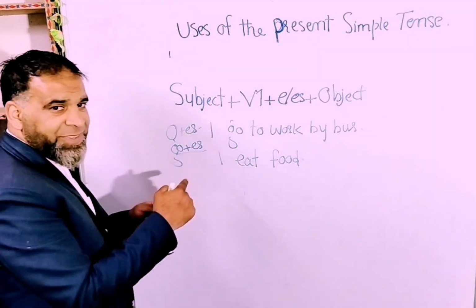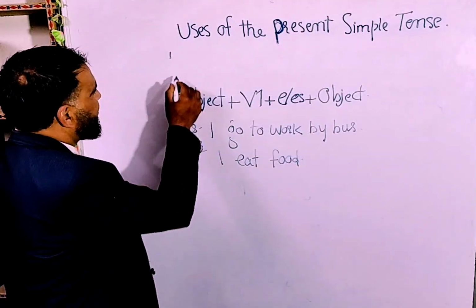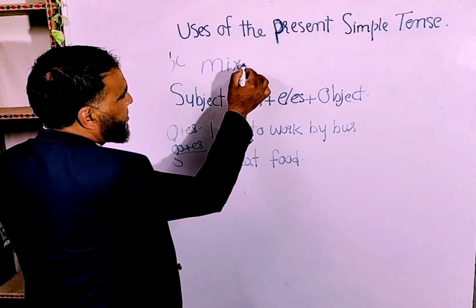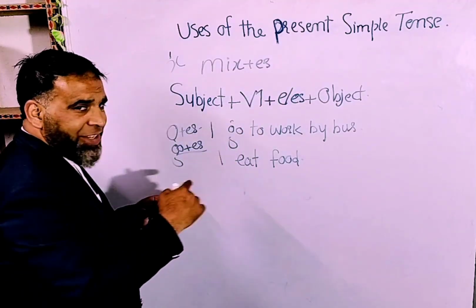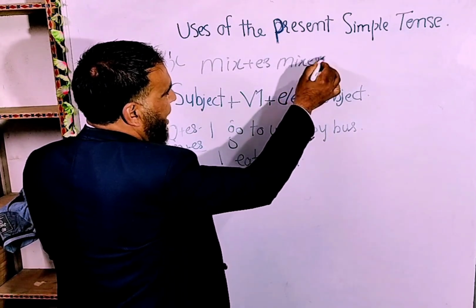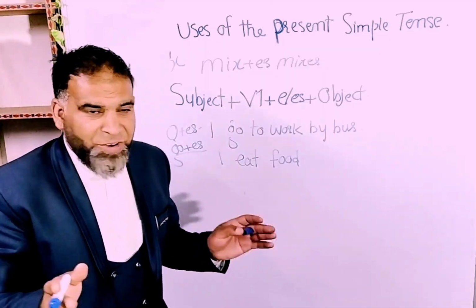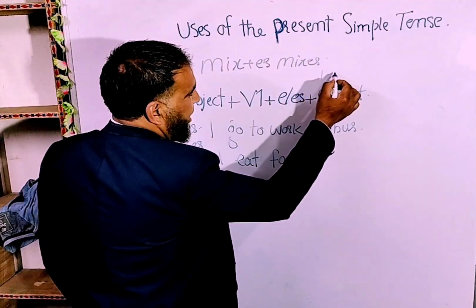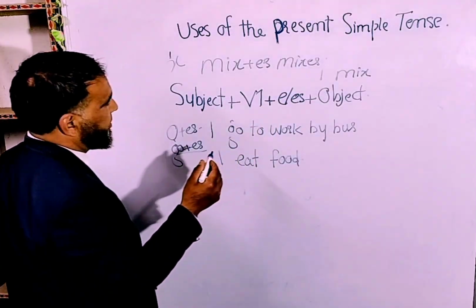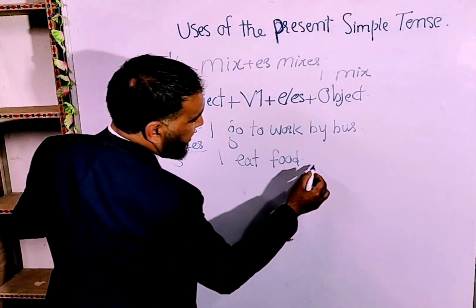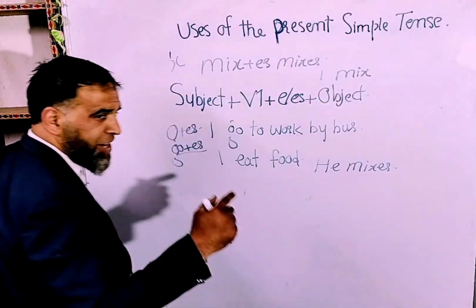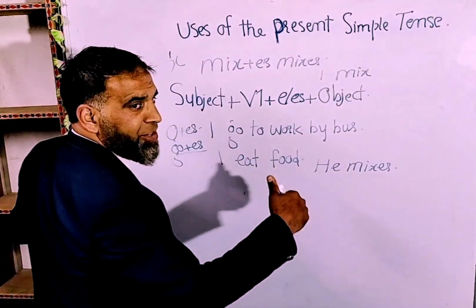And verbs that end in X, for example, mix, we need to add ES: mixes. But not I mixes, no. I mix. But he mixes. It mixes. She mixes.